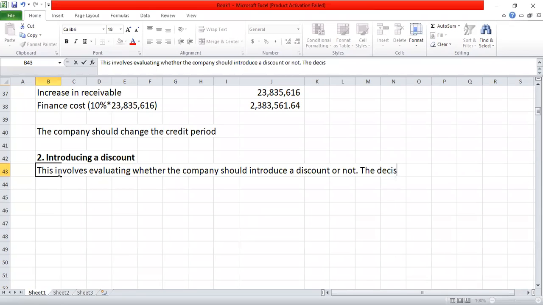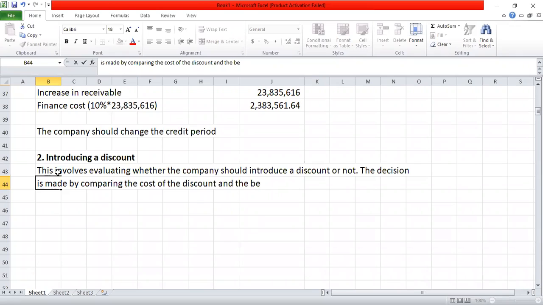The decision is made by comparing the cost of the discount and the benefits accruing to the discount.